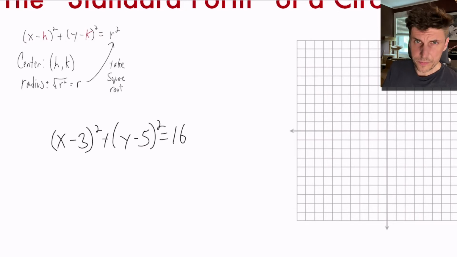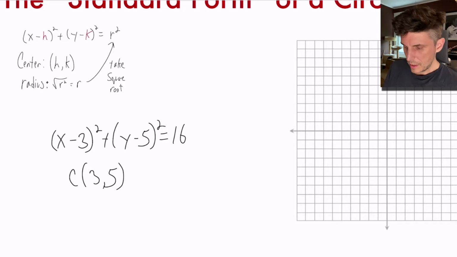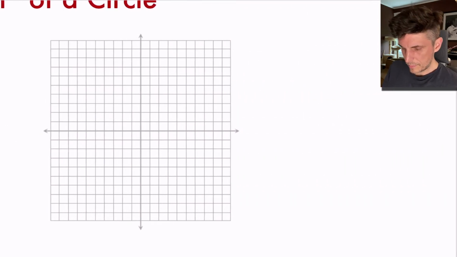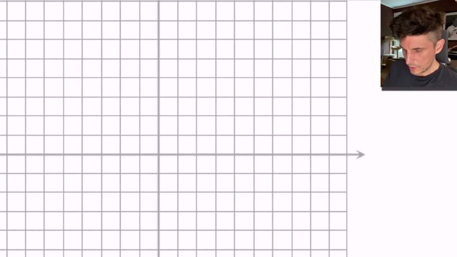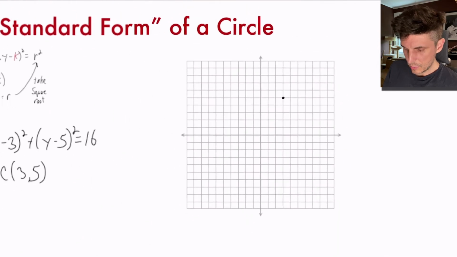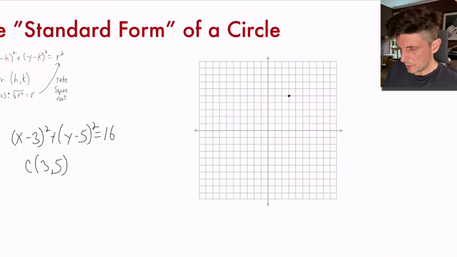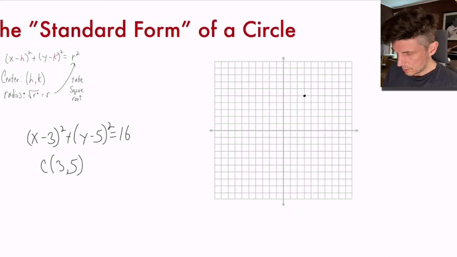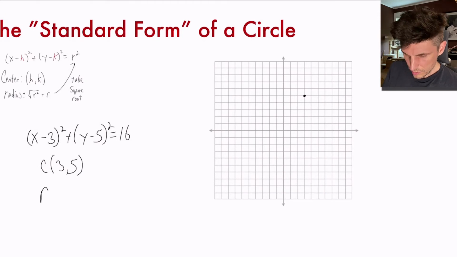So the center is going to be 3 comma 5, and that's 1, 2, 3, 1, 2, 3, 4, 5 right there. And the radius is going to be the square root of 16, which equals 4.